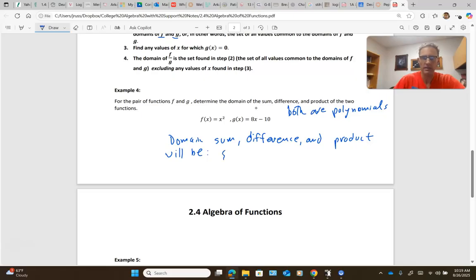I guess I'll write it in set builder notation: all values of x such that x is a real number. And again, it's just because these two functions are both polynomials.